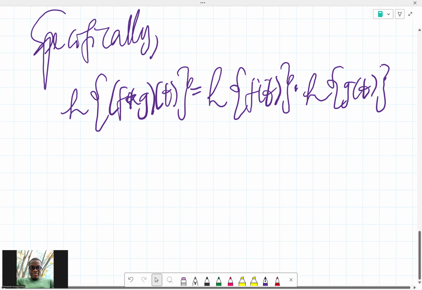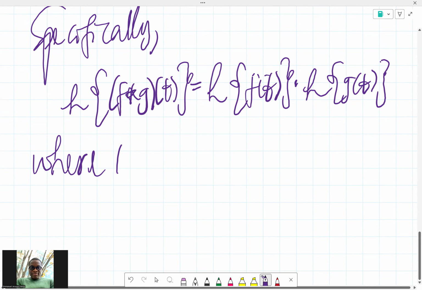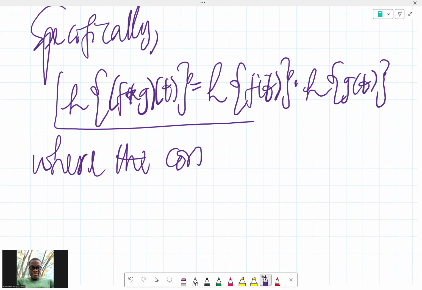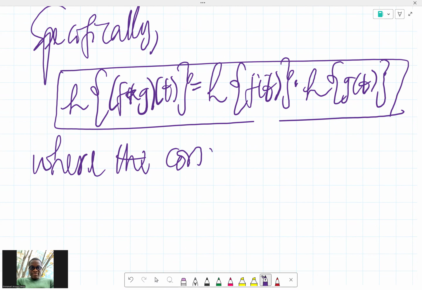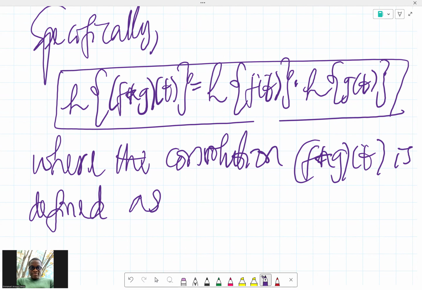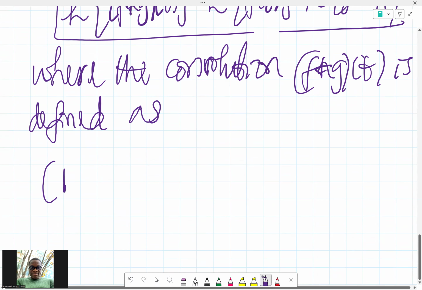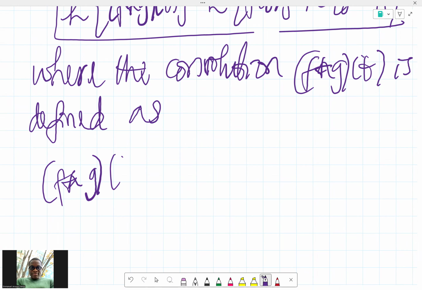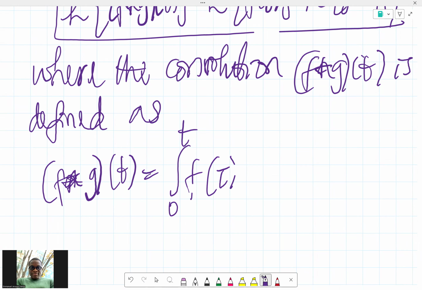That's what the rule simply says, where the convolution f star g of t is defined as f convoluted with g of t equals the integral from 0 to t of f of tau g of t minus tau d tau.